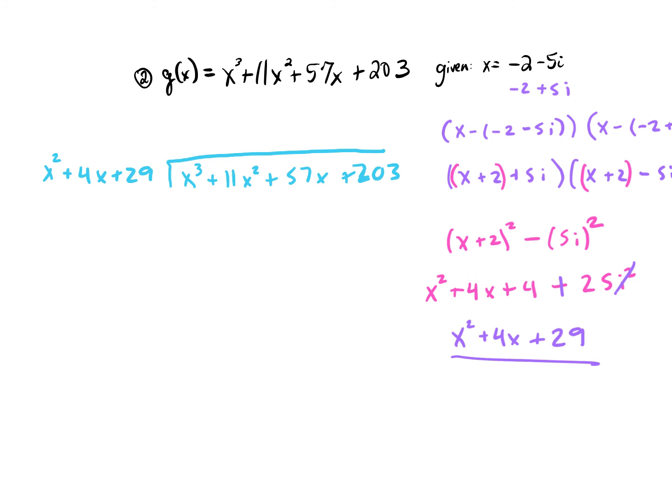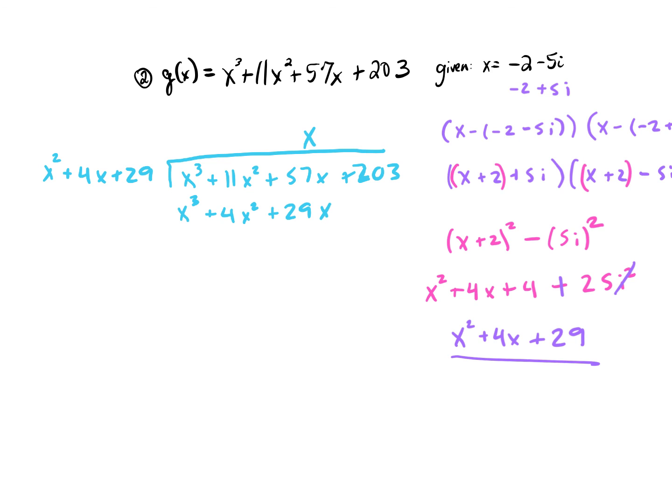So what times x squared gives us x cubed? X. So it's just one x, there's no exponent there, so it's going to go over the x column. So just make sure you keep your terms in line. So then I have x times x squared, which would be x cubed. X times 4x is 4x squared, and x times 29 would be 29x.